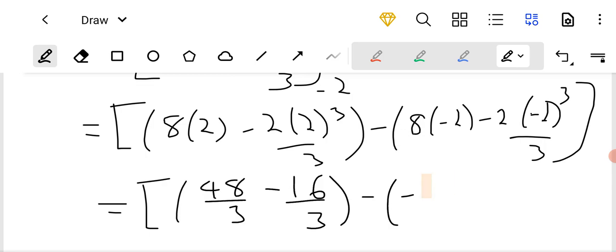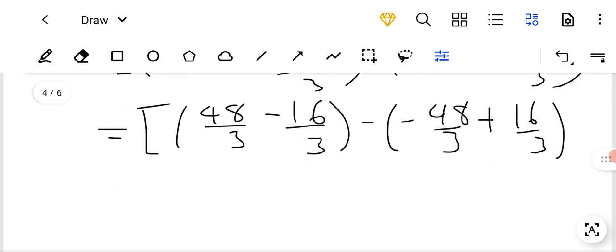Let's do this side, so it will be negative 48 over 3, the same as negative 16. I'm just doing this in fractions to simplify. Then here it will be plus, because of the odd power, so 2 multiplied by negative 2 cubed is positive 16 over 3.